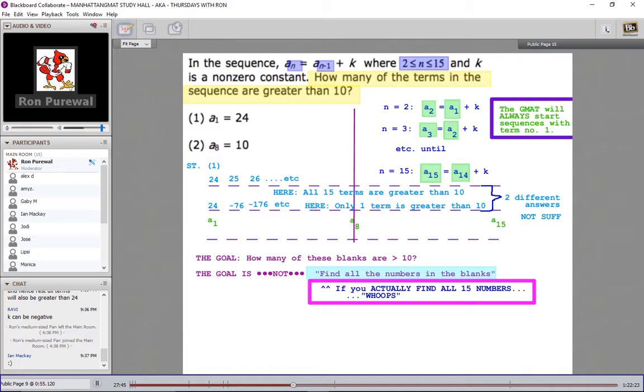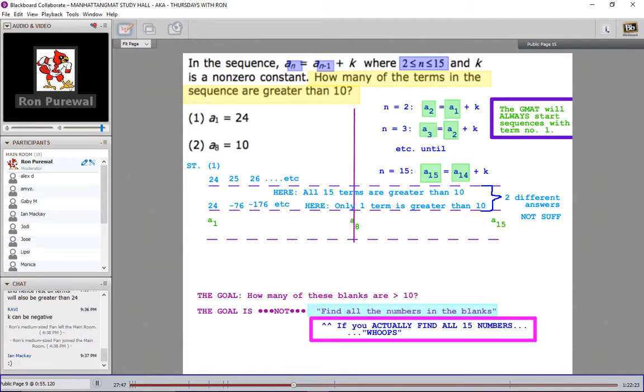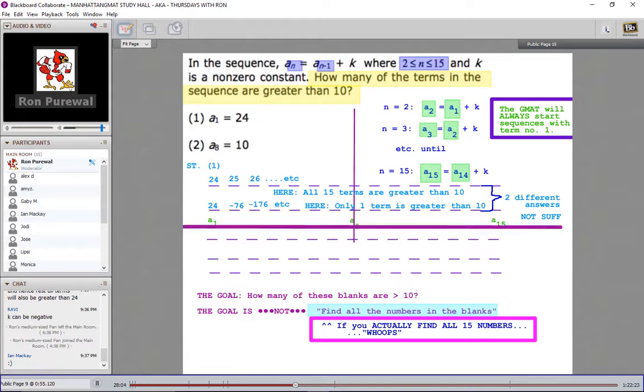Now I got statement 2. Statement 2 says that middle thing is a 10. Well, that's interesting. Let's divide this. Okay, now we're doing statement 2.